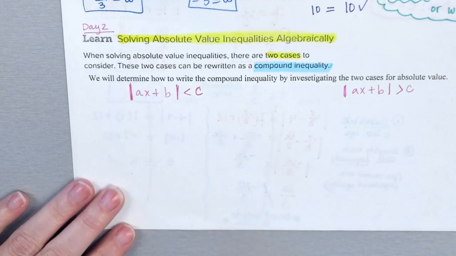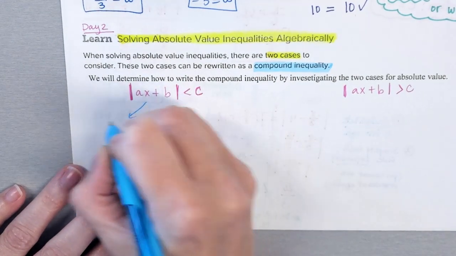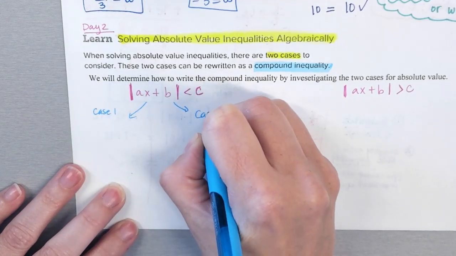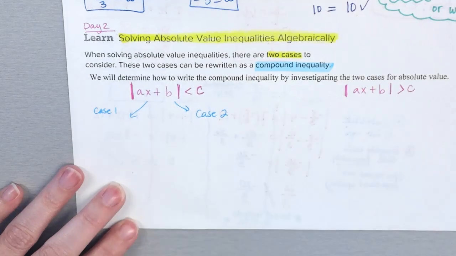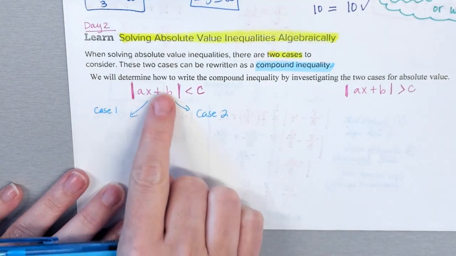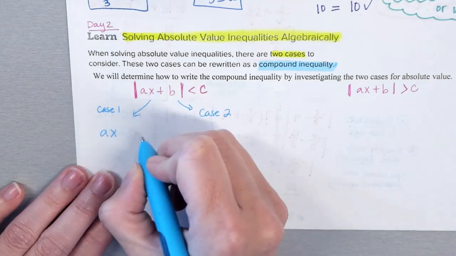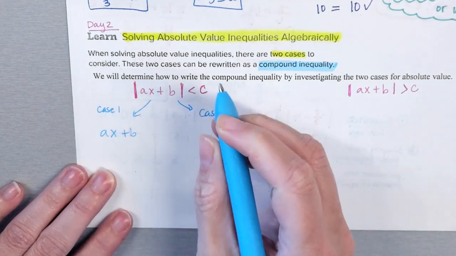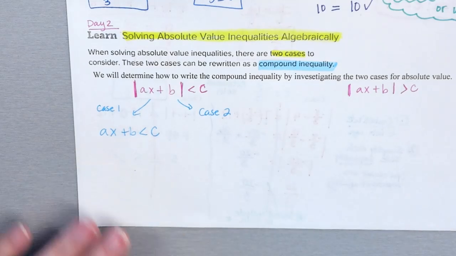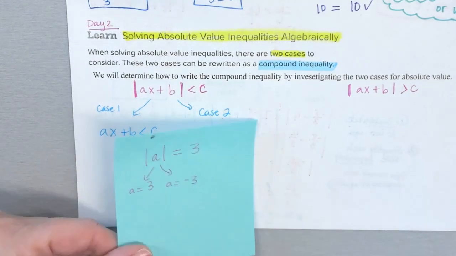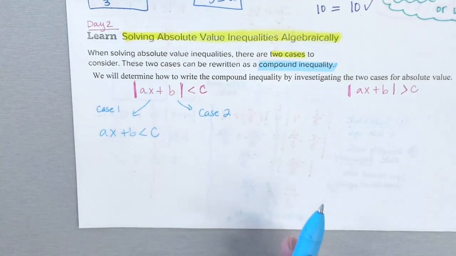Based on what we did yesterday when we're separating our cases, we know that whatever is inside can either be positive, which would mean ax plus b is less than c, or like we were just talking about, whatever's inside could be negative.